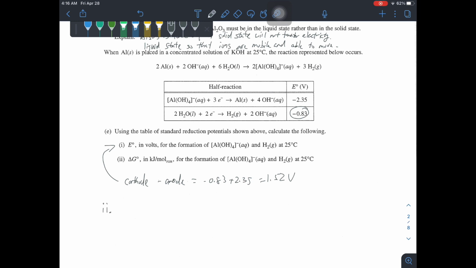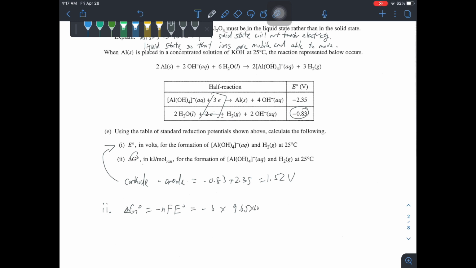And the last question is asking about calculating delta G. We're going to use the equation delta G is equal to negative nFE. The n we have, actually no, the n we have here is the lowest number to cancel out the electrons, because when they are cancelled out, you can calculate them.